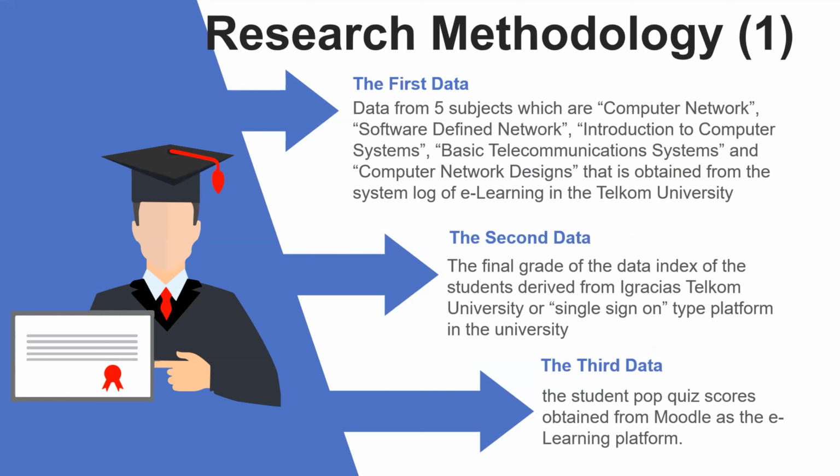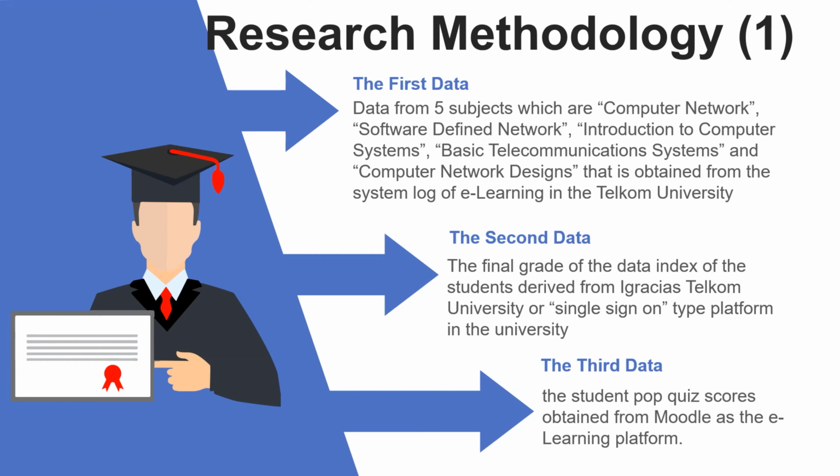There are three steps in our research methodology. The researcher first collected data from 5 subjects, which are computer network, software-defined network, introduction to computer system, basic telecommunication system, and computer network design. That data is obtained from the e-learning system log at Telkom University.